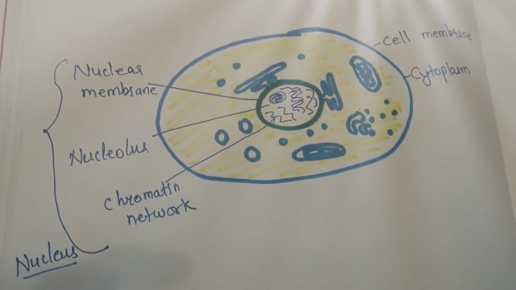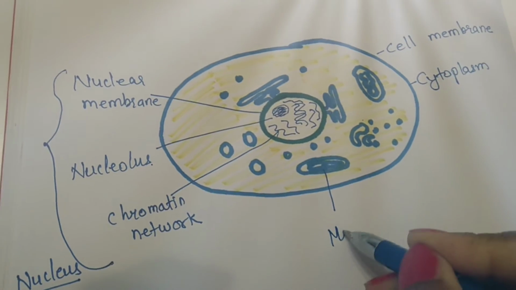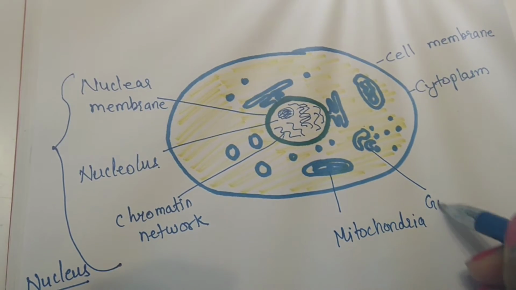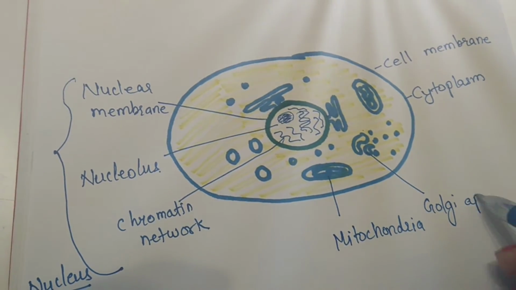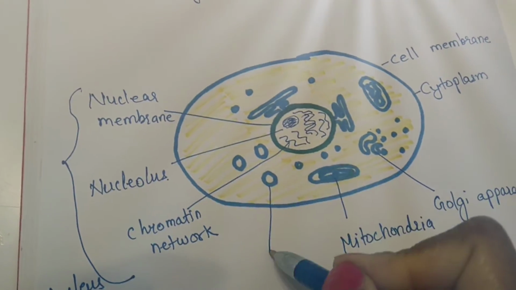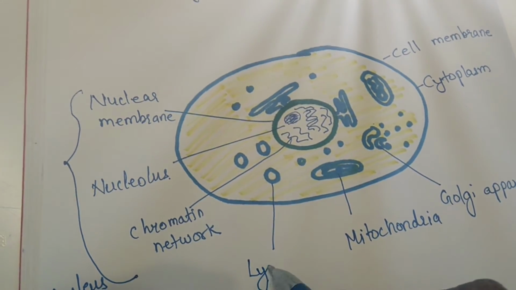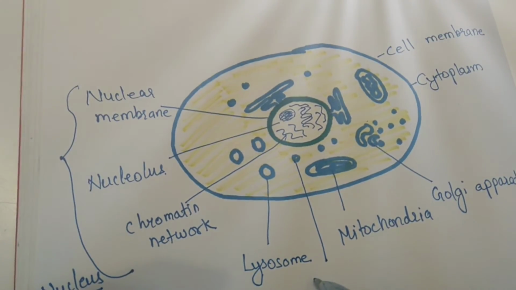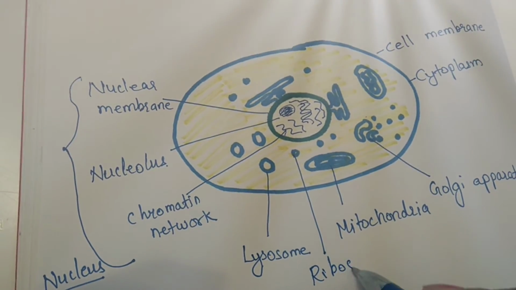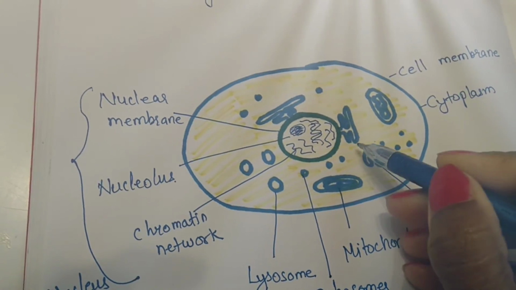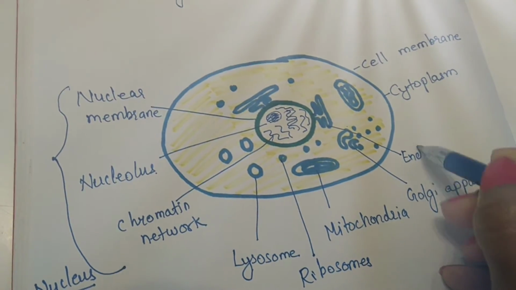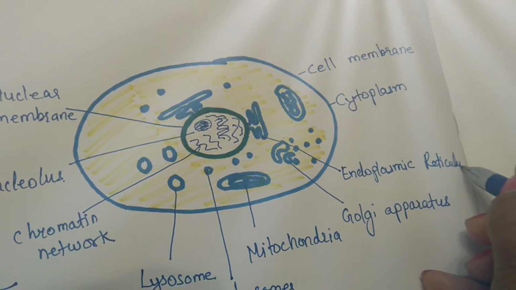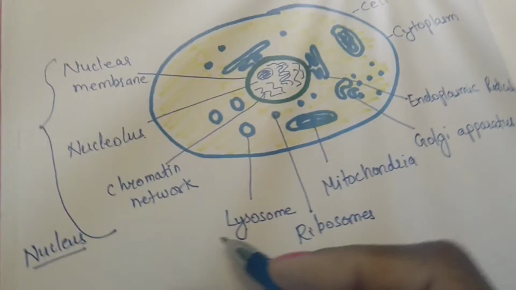So the different types of cell organelles are mitochondria, Golgi apparatus, lysosomes, ribosomes, endoplasmic reticulum, and many more.